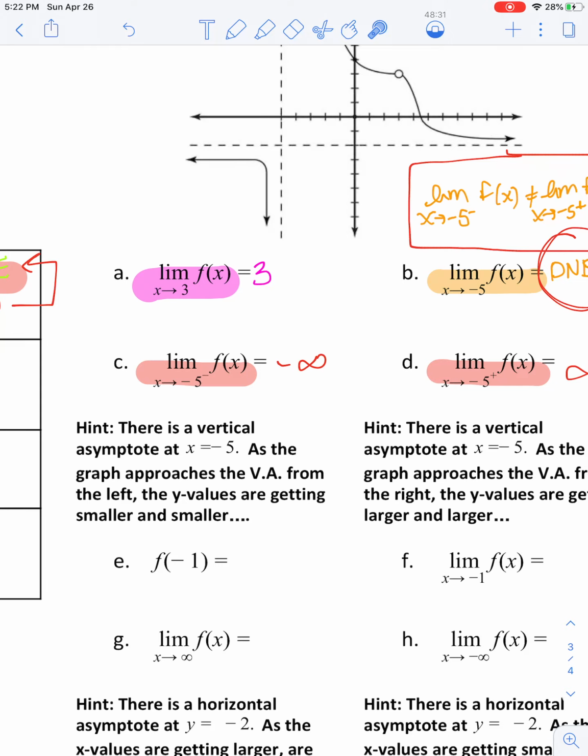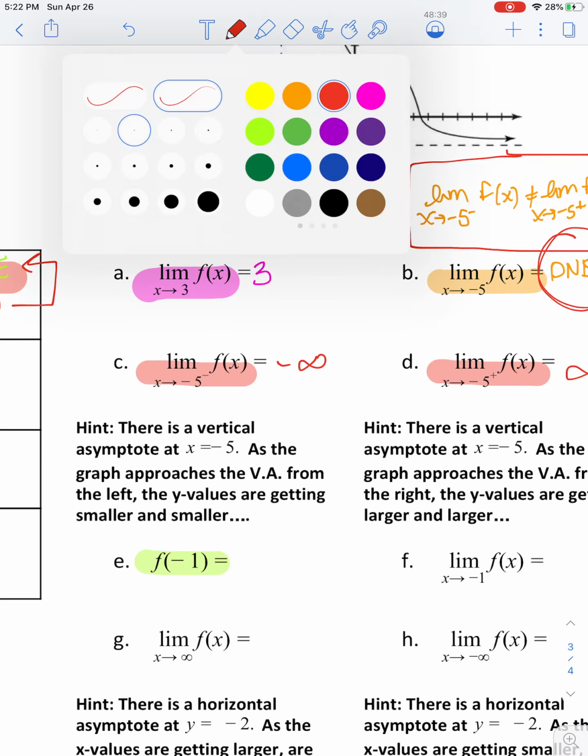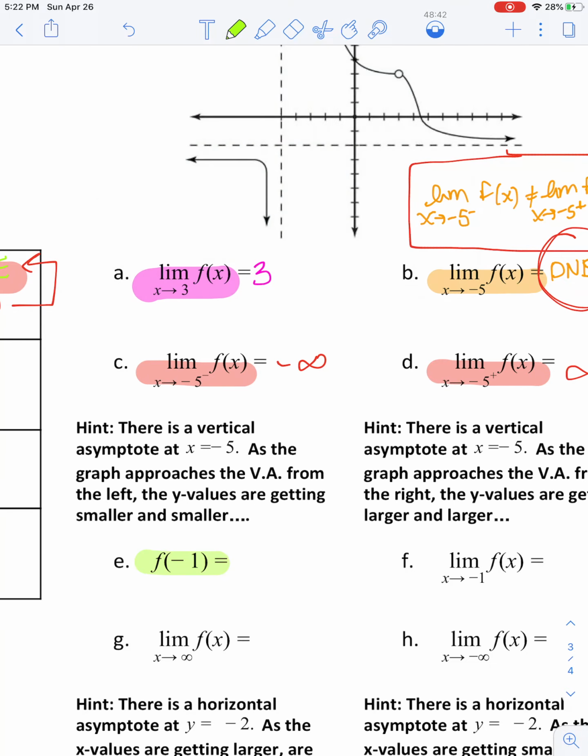All right, so part E is asking for us to actually evaluate f of -1. So f of -1, we need to let x equal -1 and figure out what then is f of x.